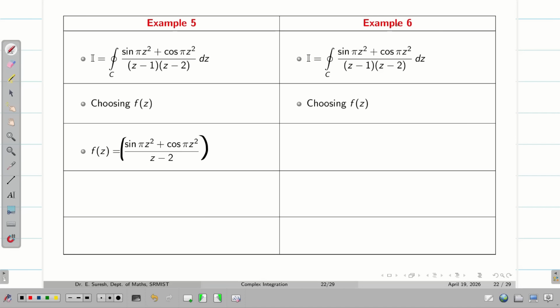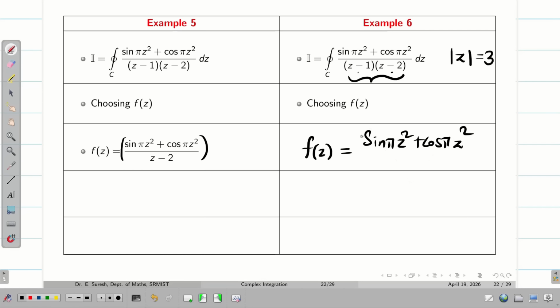So I am taking f of z as sin pi z square plus cos pi z square divided by z minus 2. But in the case of example 6, we have the region mod z equal to 3. Both 1 and 2 lie inside. So in this case, I cannot take either z minus 1 or z minus 2, because at this point the function will not be analytic. So we take the numerator alone as my f of z.